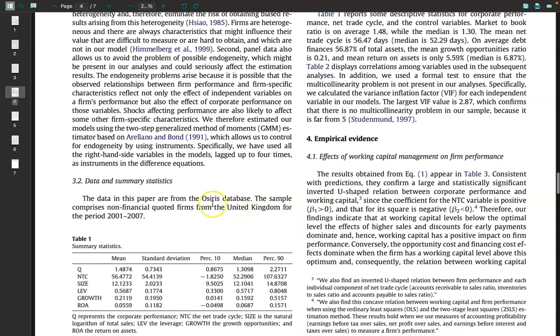The sample comprises the non-financial quoted firms from the United Kingdom for the period of 2001 to 2007, they say. I'm not going to focus on the 2001 to 2007 issue, but I will be downloading non-financial quoted firms from the United Kingdom.